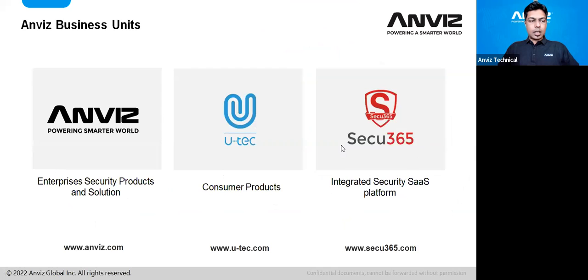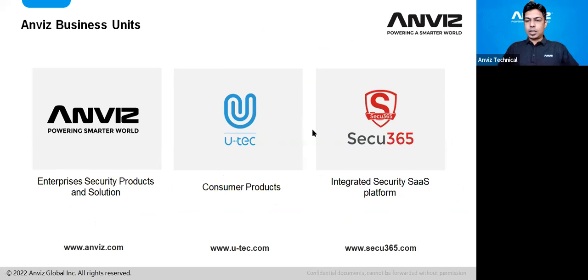As I said, there are three major business units under the Anviz brand. Anviz is specially designed for enterprise security products and solutions. UTech is for consumer products, or small and medium enterprises, where we cover home automation and smart lock systems.